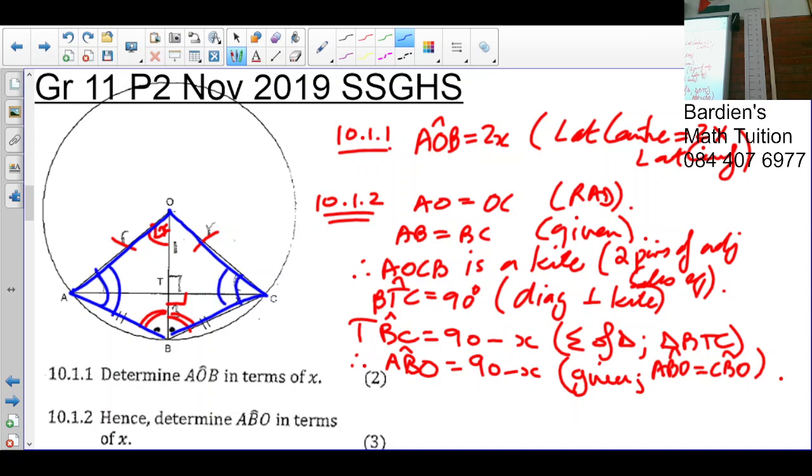And then ABO is equal to 180 minus 2x divided by 2, so ABO is equal to 90 minus x. And that's all. So the memo is short in this spot. We have to say it's a kite. Why must we say it's a kite? Because it wasn't given to us as a kite. So that is the one thing I've shortened if I'm going to go with that later.